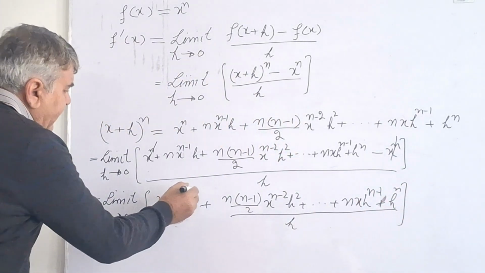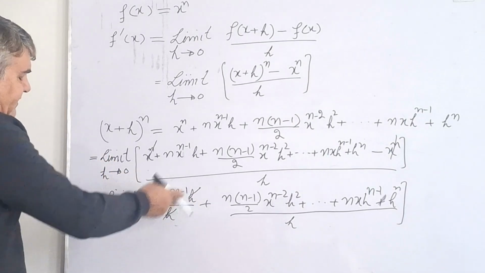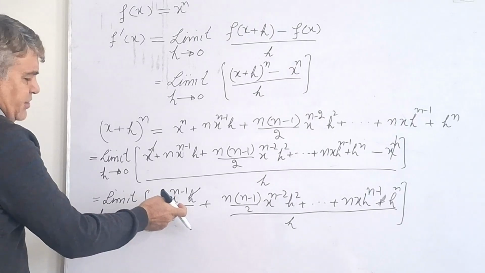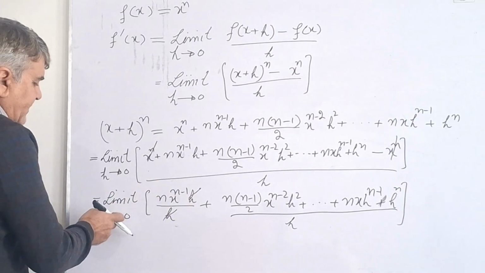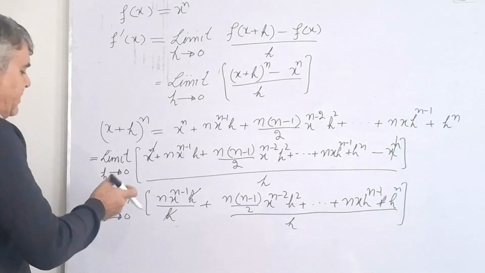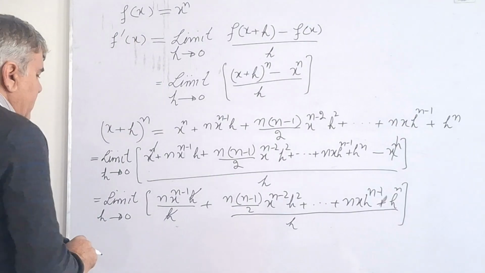Now I can cancel this h with this h. With this cancellation, this term becomes independent of h. So I take this term to the left of the limit, and the limit now applies only to this term.